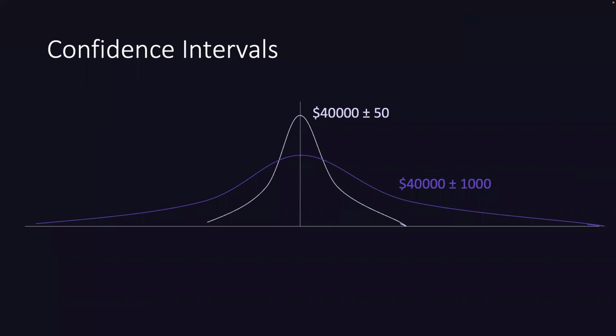For example, if the price is $40,000 and the confidence interval is plus minus 50, then it tells you that there is a very high probability that the price will lie in this particular range, 40,000 plus minus 50. And if the confidence interval is 1,000, then the price will probably lie between this range, 40,000 plus minus 1,000.